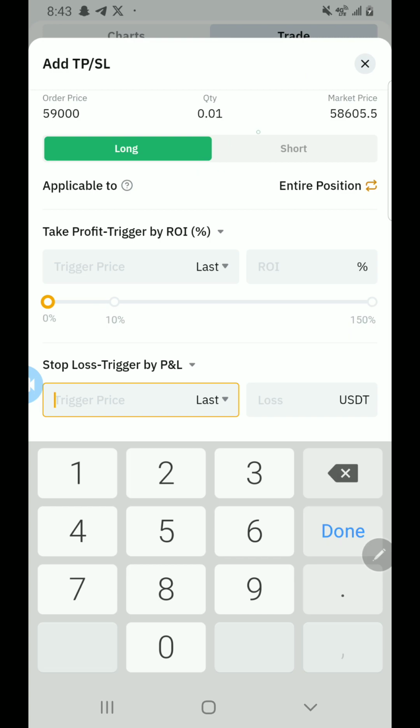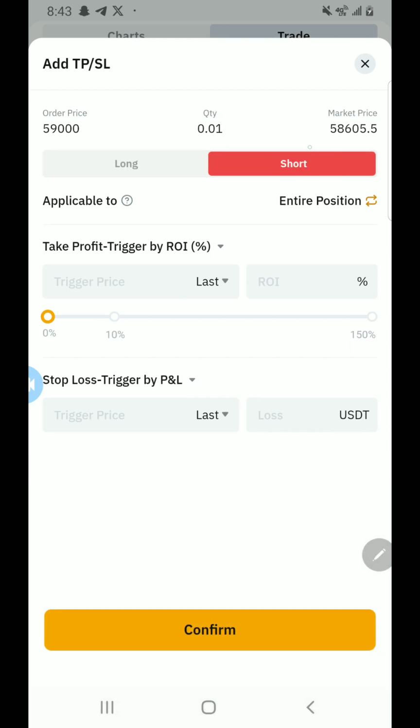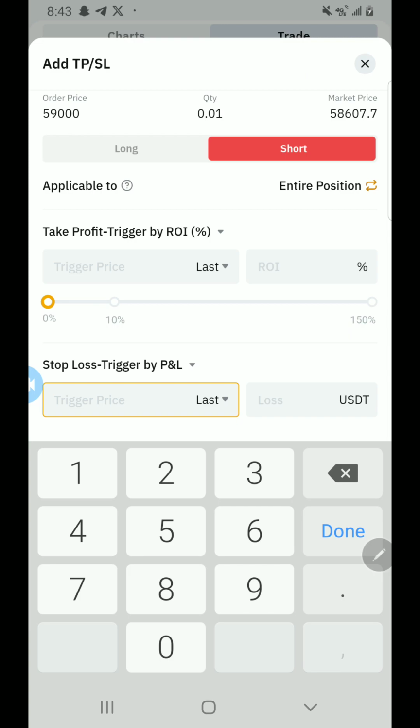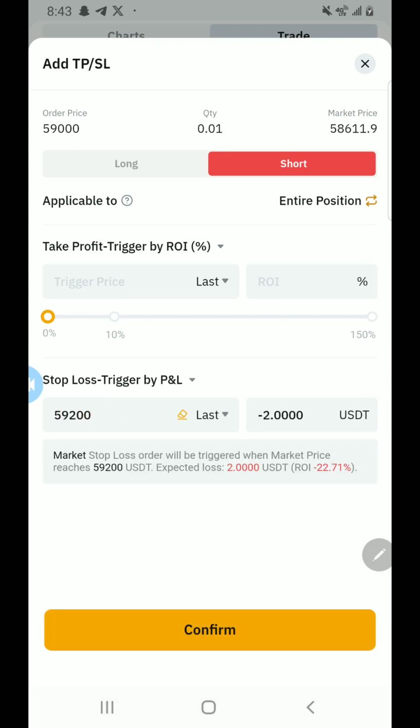Sorry guys, it's a short order. I have long selected here, not short. So in this case, you're going to adjust this to short, because it's a limit short order, which means you want to sell at a particular price. Now my stop loss will be 59,200, and I'm going to lose $2 if my stop loss gets tagged, guys. So that's how you enter a limit short order.